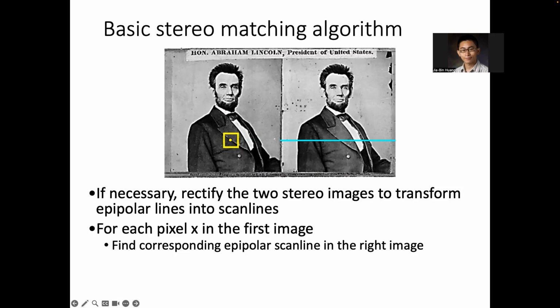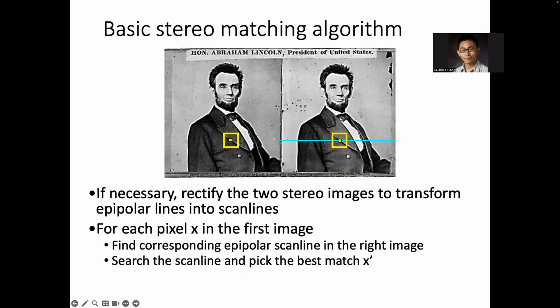but you scan, since you don't know where they are horizontally. You just check, is this a good match? Is this a good match? Is this a good match? And you go over the whole line. Then you can determine the best location.